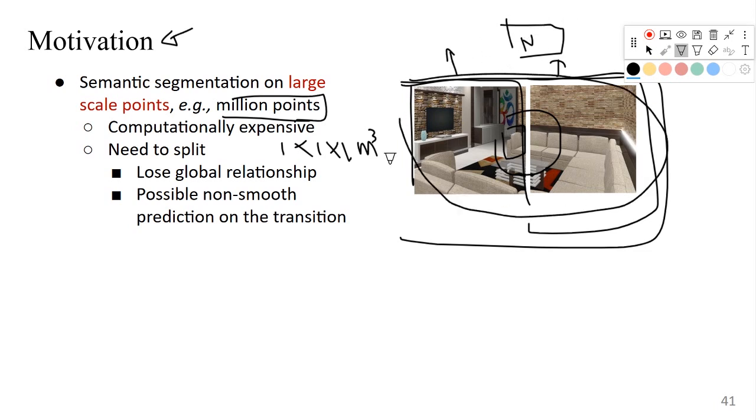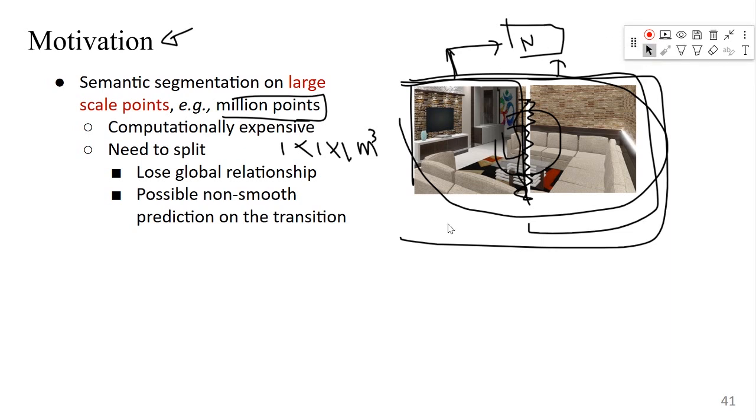But since we split the data, we lose this global relationship. We also find possibly non-smooth predictions on the transitions, because we infer the splits independently, so the segmentations there are not very smooth.